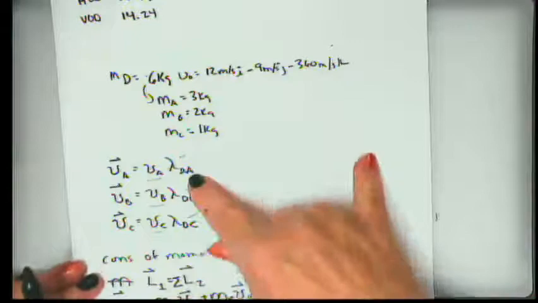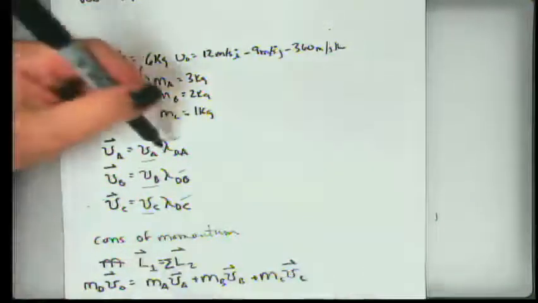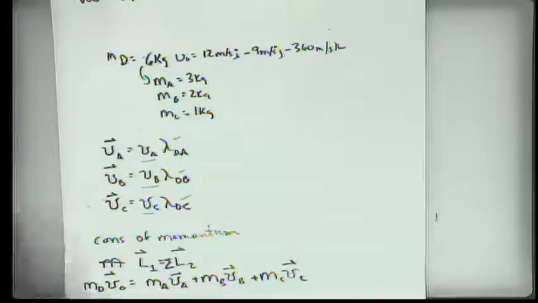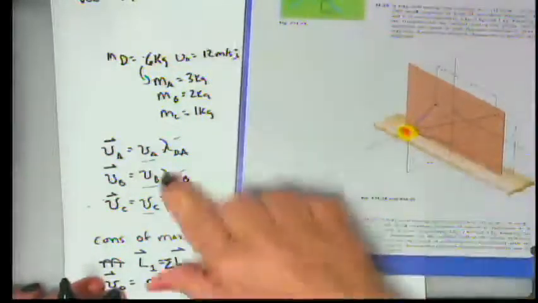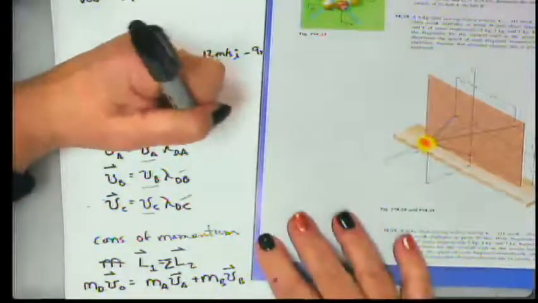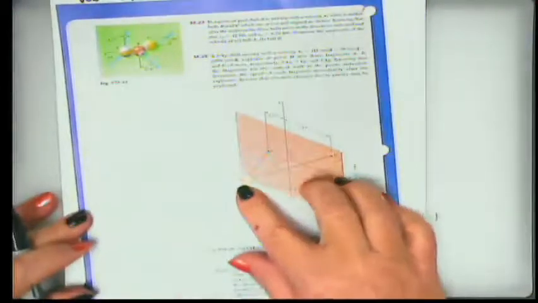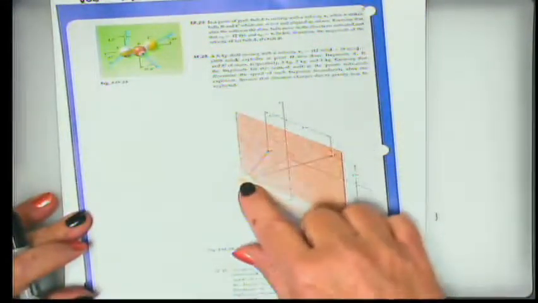The first thing we need to do before we can write our velocities as vectors is to find our lambdas along each of those trajectories. So in order to find lambda dA, we first have to write the vector dA just in terms of components, and we have all of that information here.